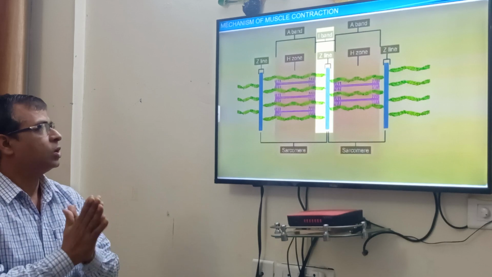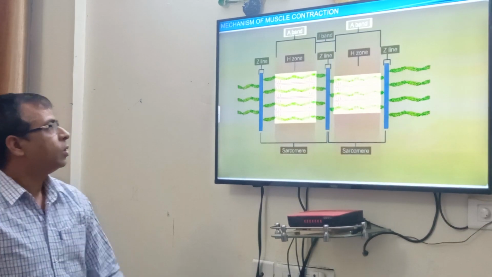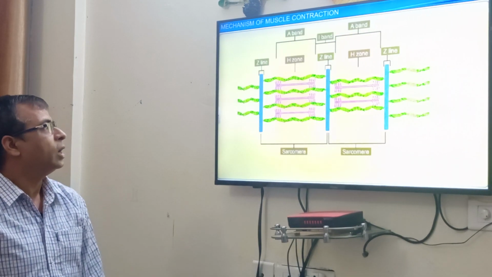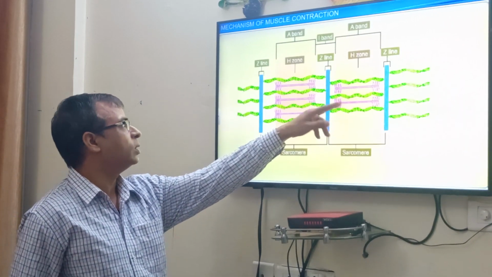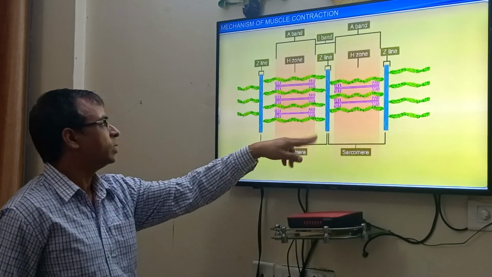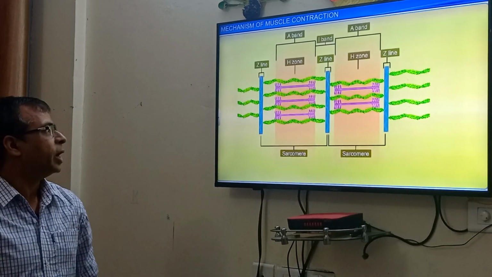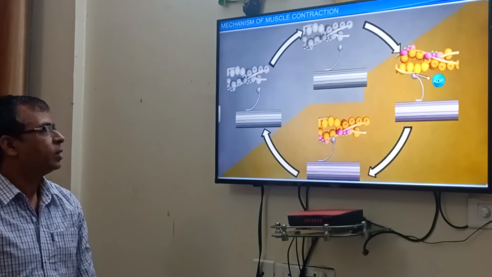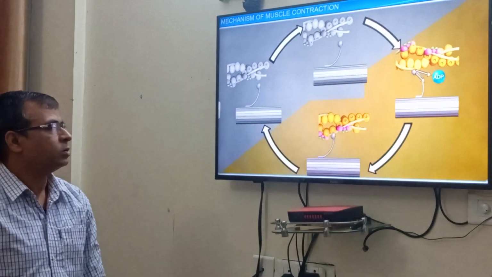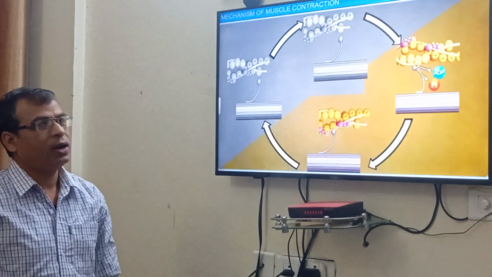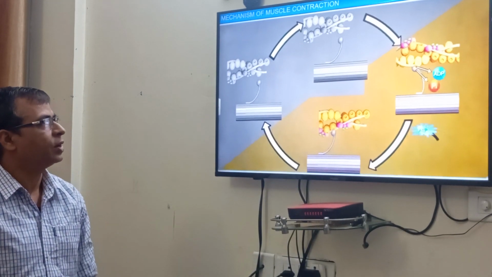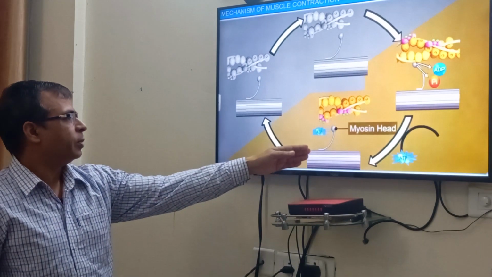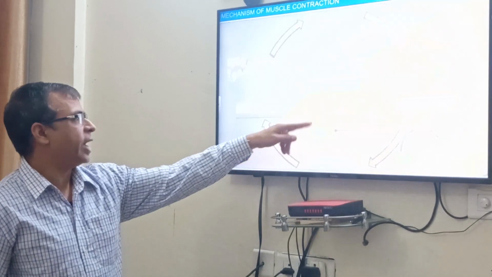Here the I band is reduced, but the A band retains the same length. The I band is the actin band, the isotropic band. This releases ATP and inorganic phosphate, and the myosin head is separated from the actin.